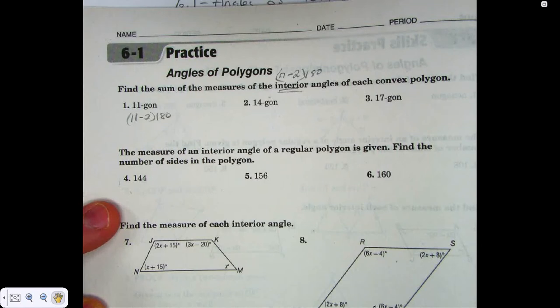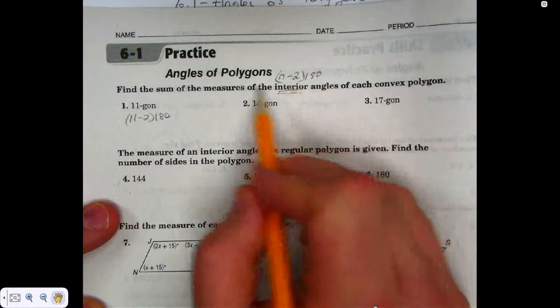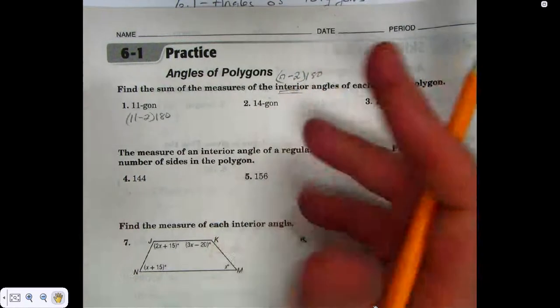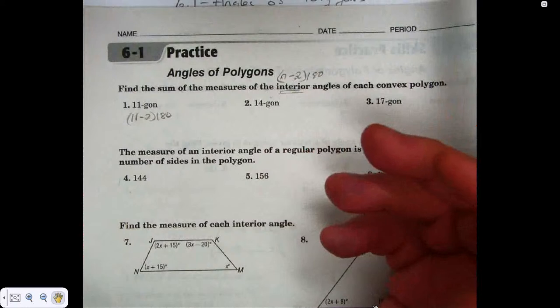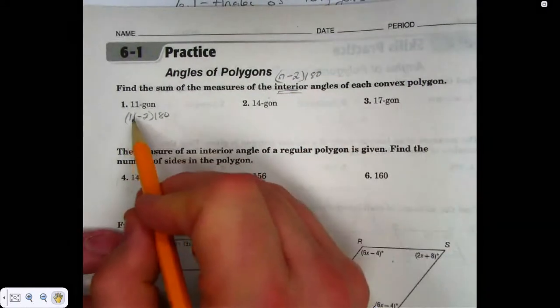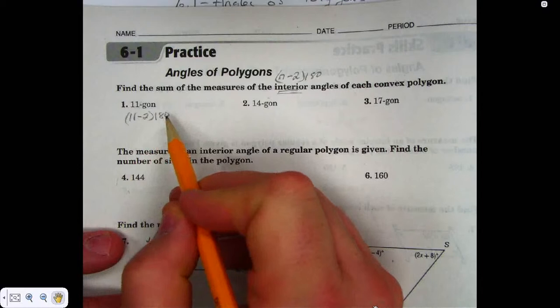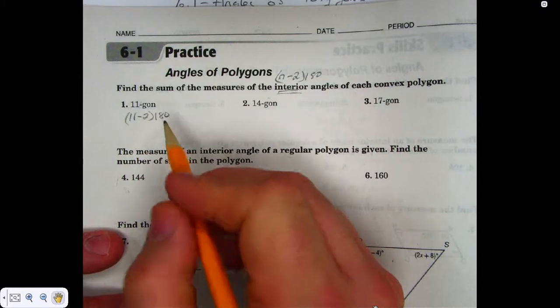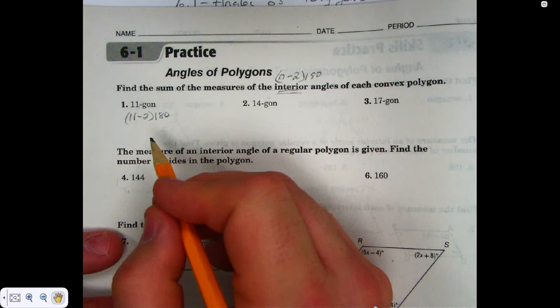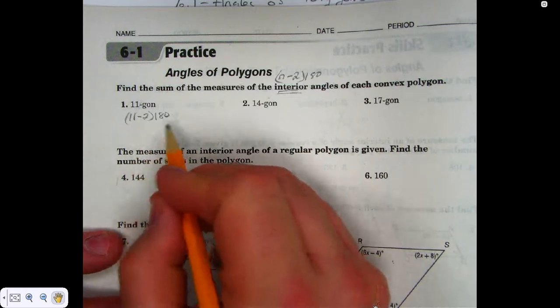Why? Because I want to make you write this down, in essence, over and over again, so you'll maybe what? Remember it. Remember, this is education, not get my homework done class. Okay, there's a difference. But how long did it take me to write 11 minus 2 times 180? 2 seconds maybe? I'm not asking a whole lot, so I don't want to hear any whining about it. I want to see 11 minus 2 times 180.